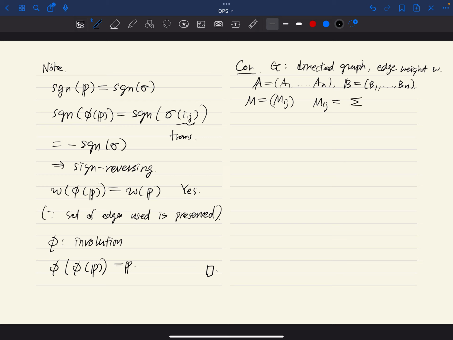I'm just writing the same thing, basically. Okay. And in this corollary, we have an additional condition.